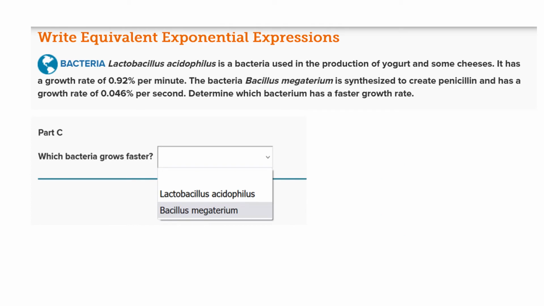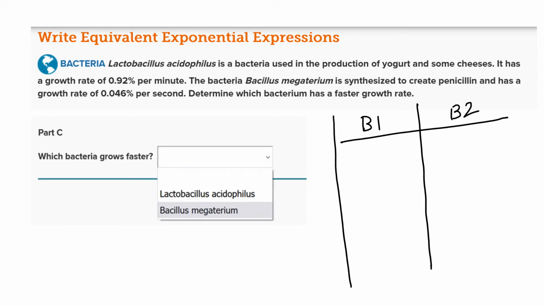Now we need to just summarize, and I'm just going to draw the table for the two bacteria one more time and summarize the solution. In the last part, we already concluded that B2 has a higher rate, and now we are going to compare them one by one. So for B2 in the question, it was mentioned 0.046%.